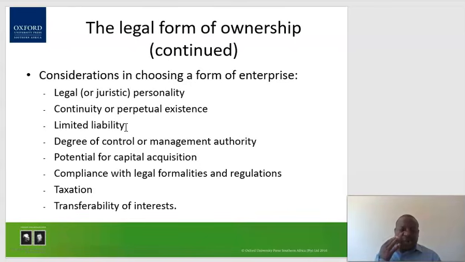Then the potential for capital acquisition. So when we speak of potential for capital acquisition, we're speaking of how easy it is for that form of business to raise capital. Just think of a sole proprietorship whereby there is only one person. If that person has connections, if that person has everything that is needed by the banks to grant them credit, maybe they may access funds.